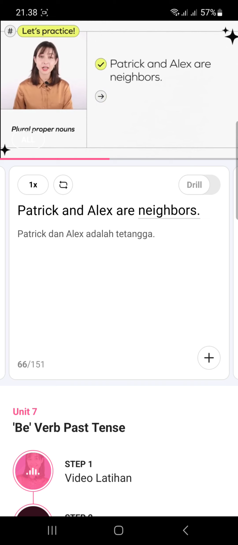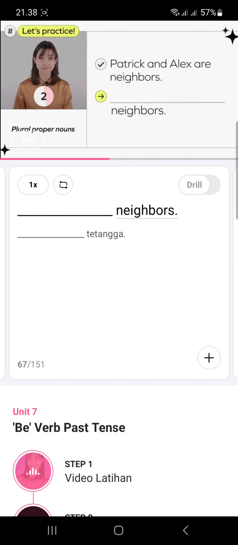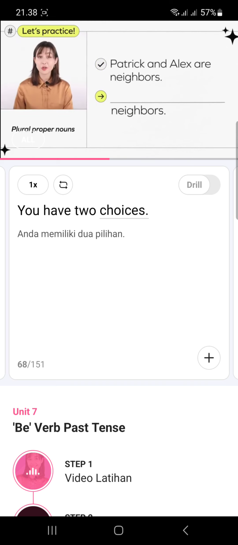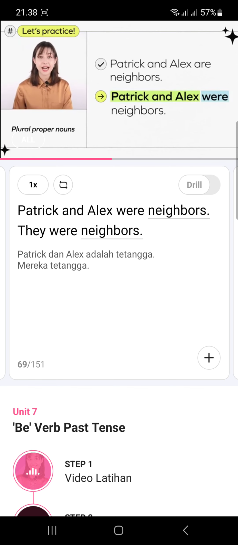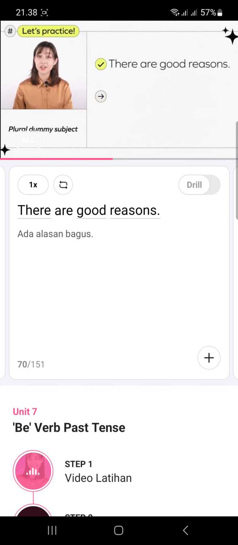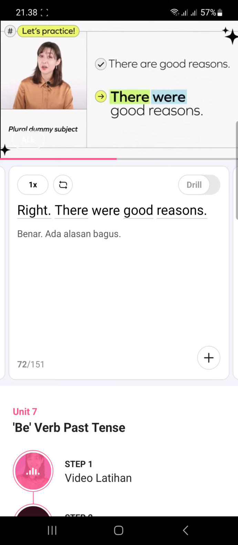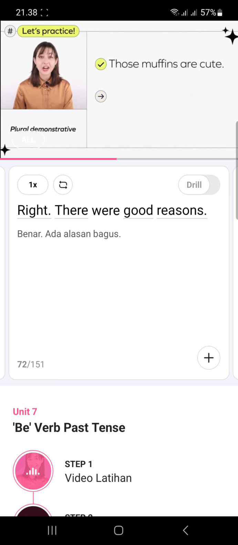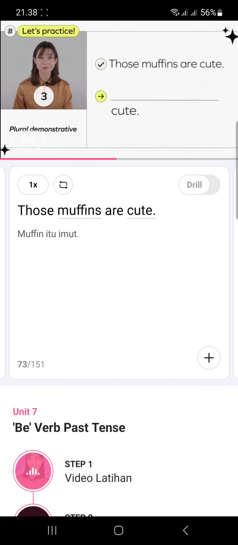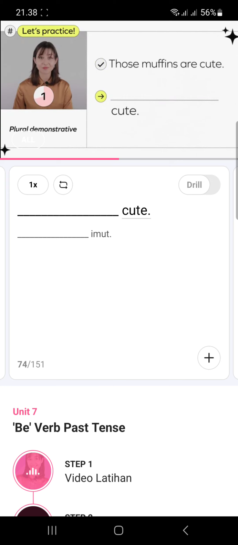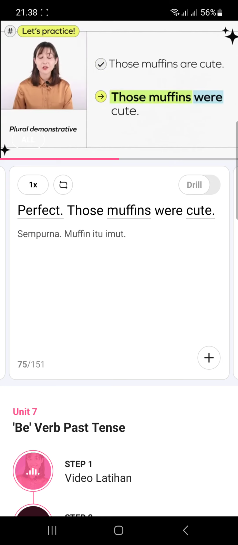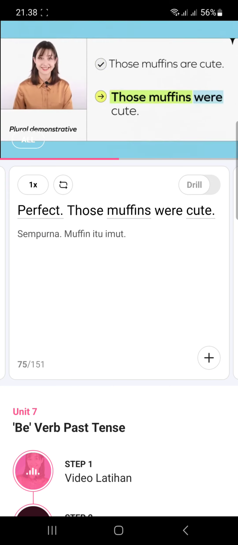Patrick and Alex are neighbors. You have two choices. Patrick and Alex were neighbors or they were neighbors. There are good reasons. Right. There were good reasons. Those muffins are cute. Perfect. Those muffins were cute.